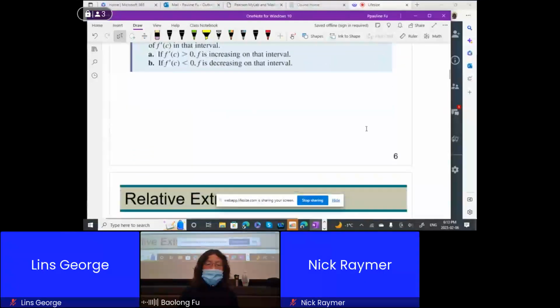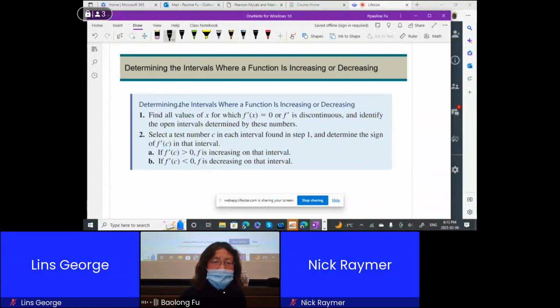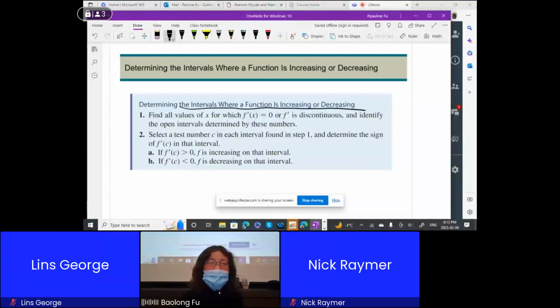This one, we are going to take an example to illustrate this part. So determine the intervals where the function is increasing or decreasing. So first, find the derivative f prime of x. Let derivative equal to 0.